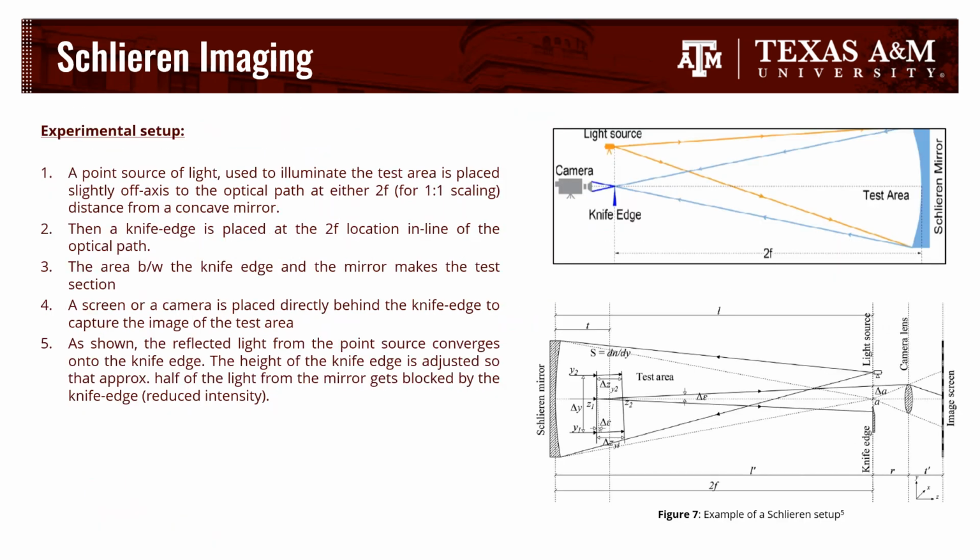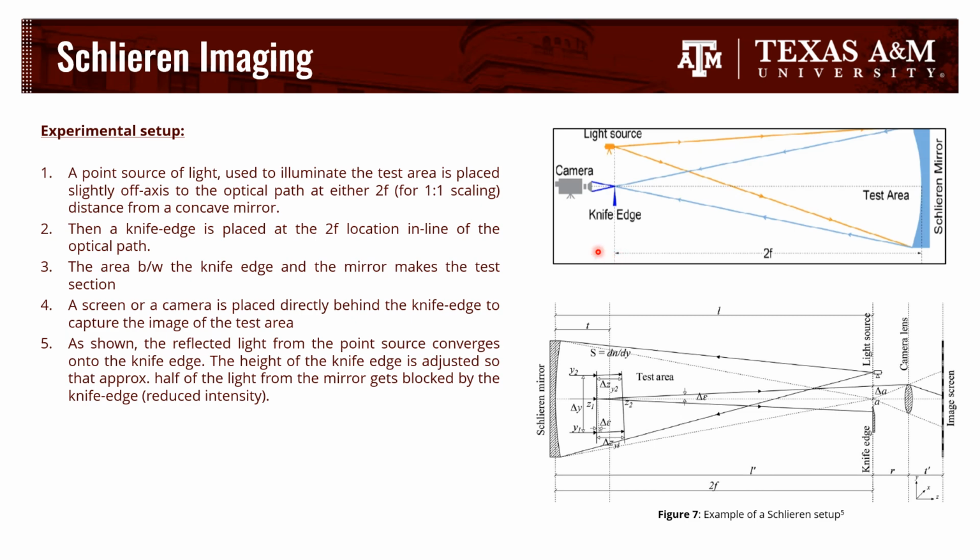Next, I'm going to explain how the experimental setup is laid out to obtain a Schlieren image. A point source of light is used to illuminate the test area and is placed slightly off-axis to the optical path of a concave mirror, at a distance 2f from the optical center of the concave mirror.